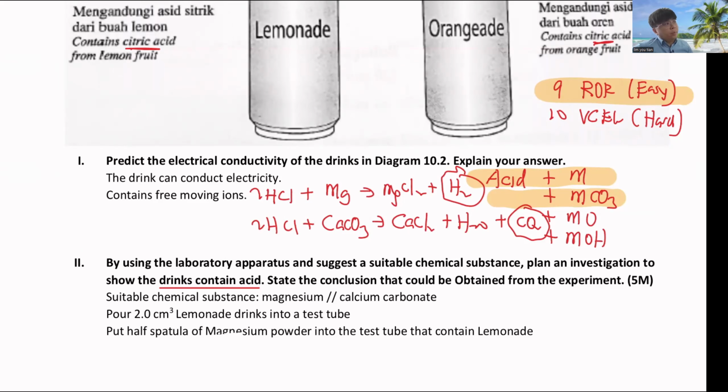Then you can pour in the metal powder. You see which one comes out more bubbles. That will be the more acidic. Okay, then put half spatula of the magnesium powder inside. Your observation, you'll see colorless gas bubbles form.